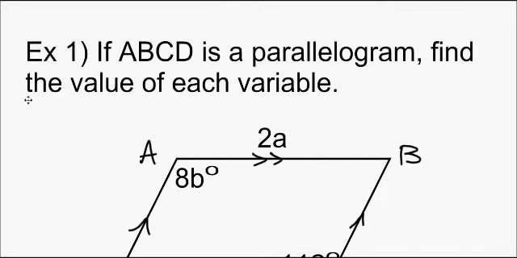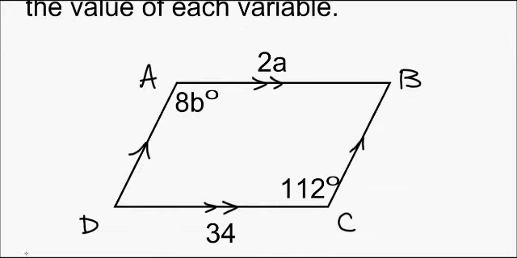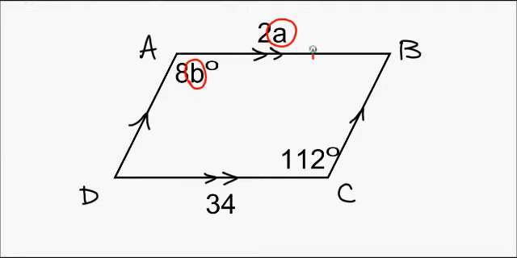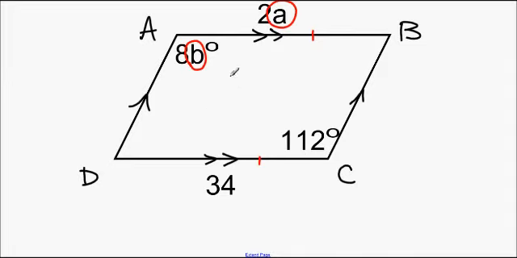Example 1, if ABCD is a parallelogram, find the value of each variable. Okay, so I have 2 variables. It looks like I have an A and a B. I'm going to start with A, and I know that opposite sides of a parallelogram are congruent. That means that they're equal.